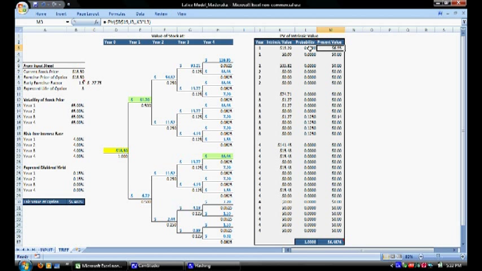Conversely, if we examine the downward movement of the stock, we see that the exercise price is only exceeded in year 4, right here where the stock price is $33.93.